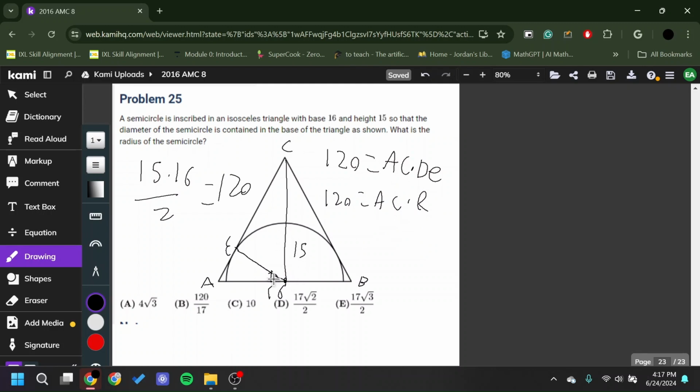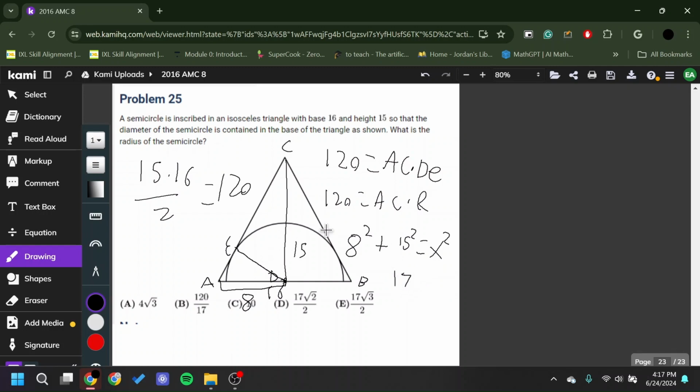So we have to figure out what AC is using the Pythagorean theorem, right? Since this is half, this side is equal to 8. So we know that 8 squared plus 15 squared is equal to x squared. So the length of AC is going to be 17.